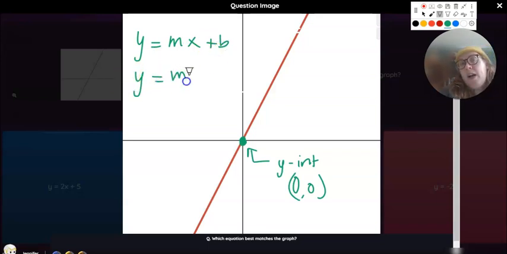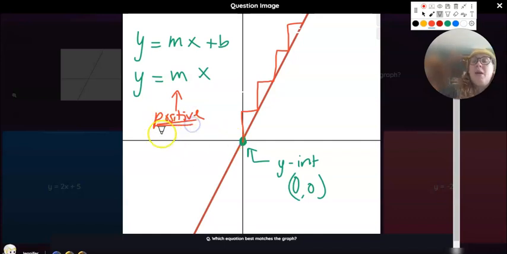So it's just going to be y equals mx. Now, we don't have any numbers, so we can't tell exactly what the slope is, but what we do know is that this slope is going up and over, up and over. So from left to right, our graph is increasing, which means our slope has to be positive. So we're going to have some positive slope, and then our y-intercept is 0.